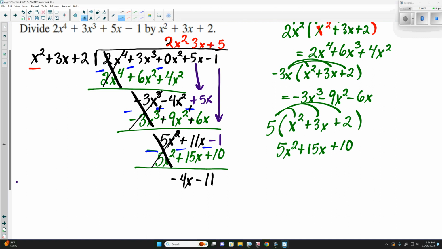So we have to add back our negative 4x minus 11 over x squared plus 3x plus 2. They will all have a remainder. The remainder might be 0, but they all will have a remainder. If the remainder is 0, we don't have to write any of that. It would just be this part here.